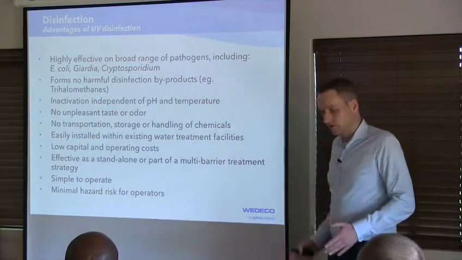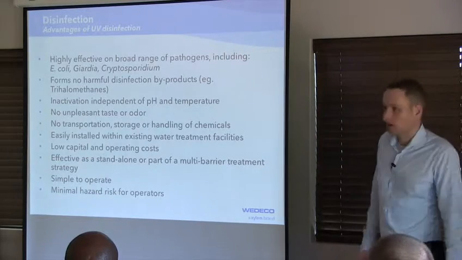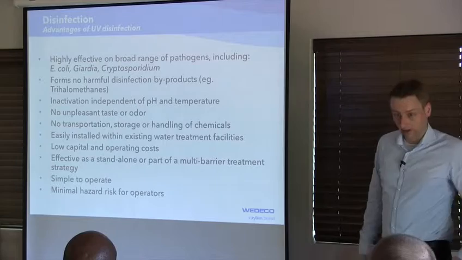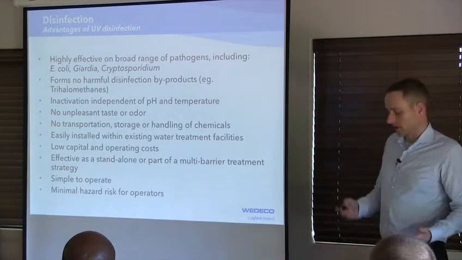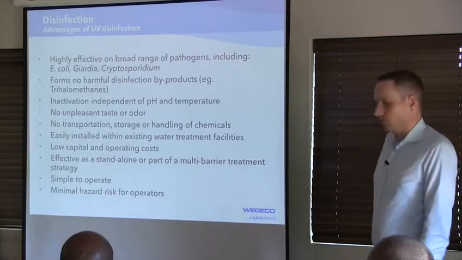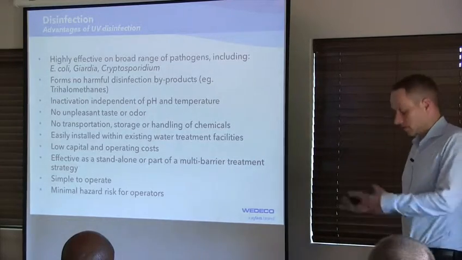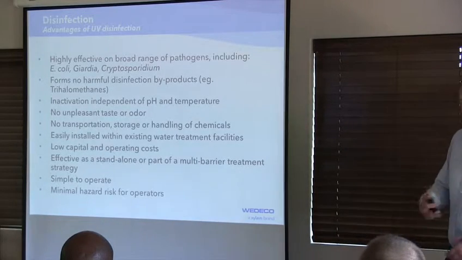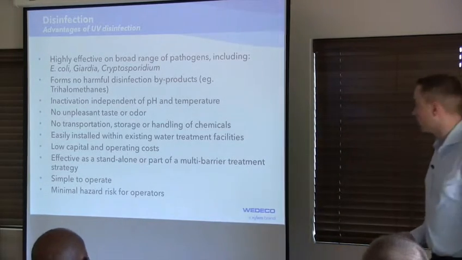So our systems, or open channel systems, are designed to be built into chlorine contact tanks. If the utilities who want to use UV decide for that, you don't need to build a whole new plant for that normally.